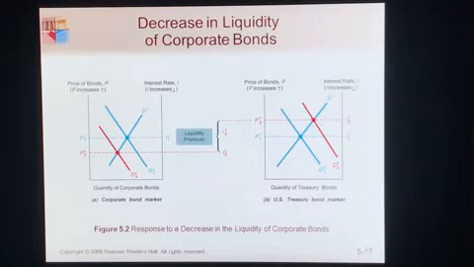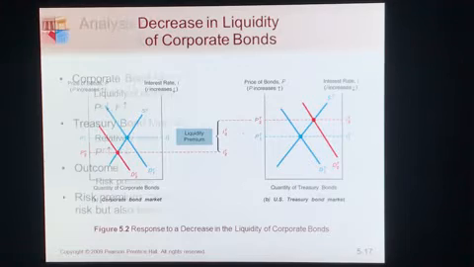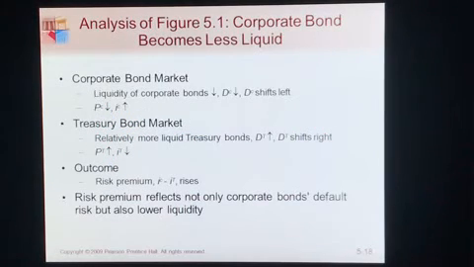So in liquidity, in the first example we can see that if the liquidity increases, the bond price will also increase and the interest rate will decrease. Here is the explanation of these demand and supply curves according to their liquidity.